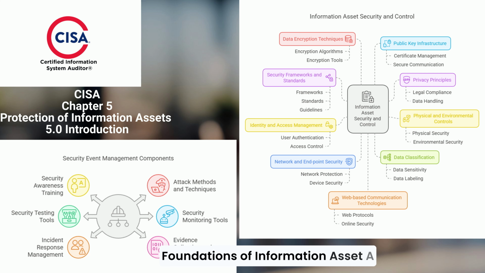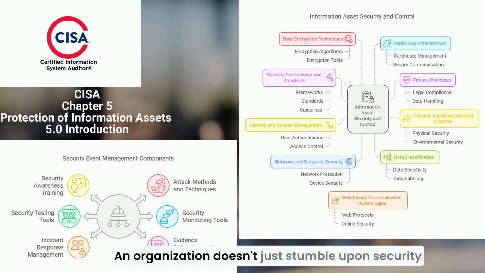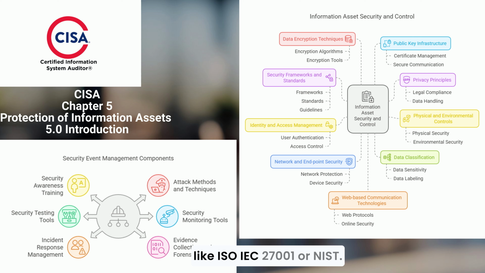Foundations of information asset security, a framework for trust. First, let's talk frameworks, standards, and guidelines. Think of these as the blueprints and rule books for governing information security. An organization doesn't just stumble upon security best practices. They follow globally recognized frameworks like ISO/IEC 27001 or NIST.